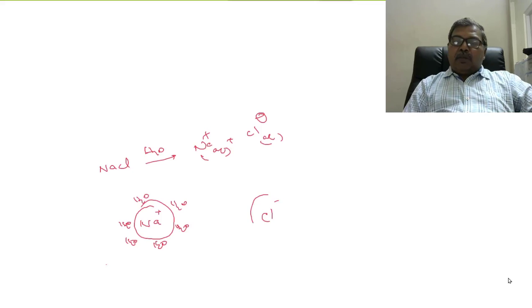Aqueous Cl- means a Cl- ion surrounded by positive dipoles of water, right? So these are called aqueous ions. During hydration, the process of surrounding of water molecules about a particular ion is called hydration.